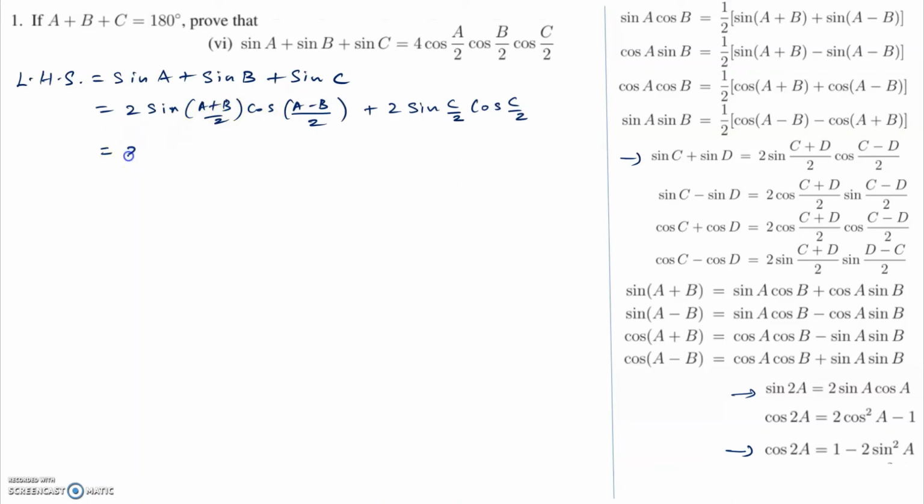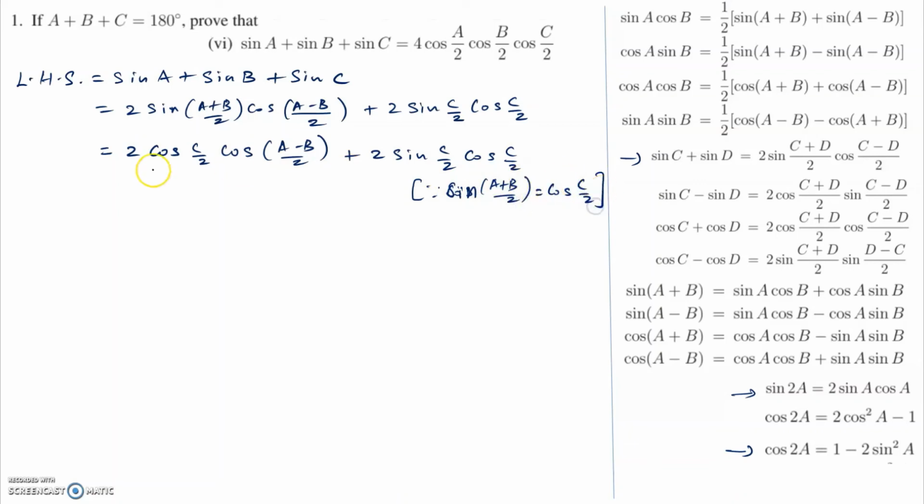So this is equal to 2 times cos C/2 into cos (A minus B)/2 plus 2 times sin C/2 cos C/2, since sin (A plus B)/2 is equal to cos C/2.